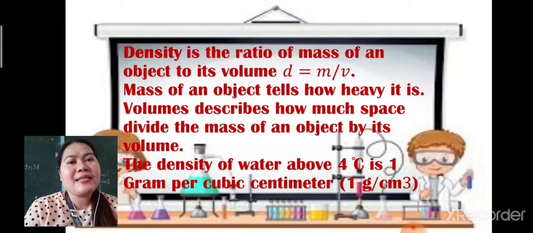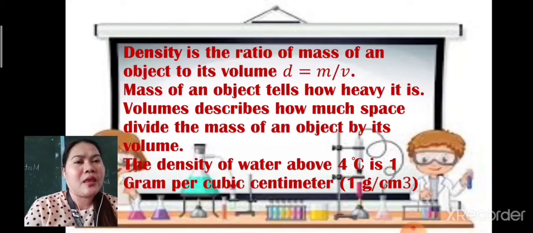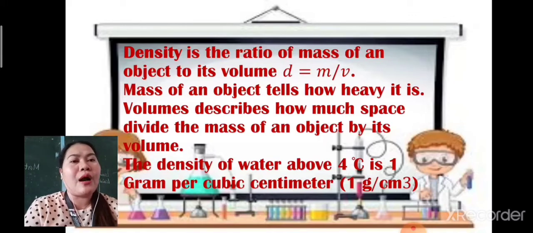Ang mass of an object tells how heavy it is. Ang mass amoy na siya ang nagapabalo nga mabugat ang isa ka object. Ang volume naman amoy na siya ang ga-describe how much space ang ara sa object.